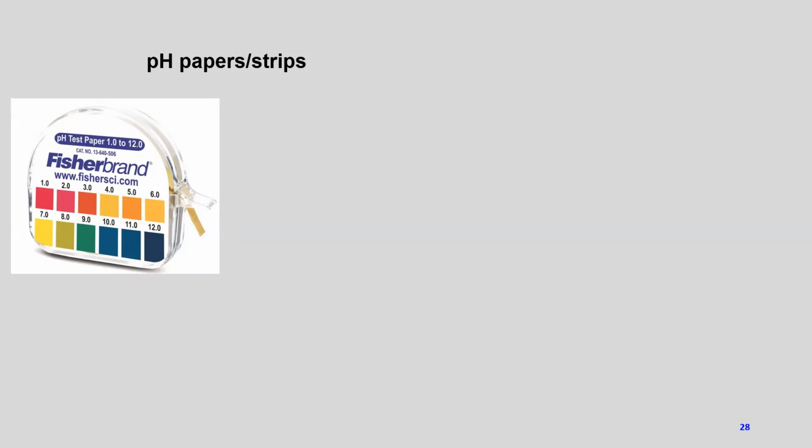So you're going to dip the pH strip into the liquid sample, and then based on its color, if it's somewhere around yellow, then you know that it's a neutral sample. But if it turns slightly red, then you know it's going to be an acidic sample. If it's somewhere around the bluish, greenish region, then you know it's going to be basic.